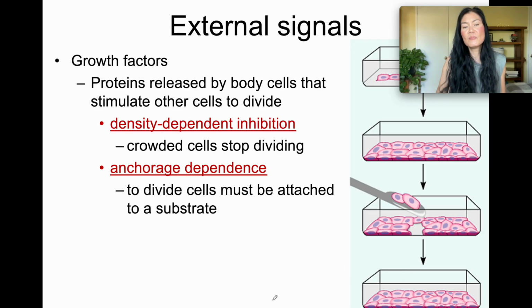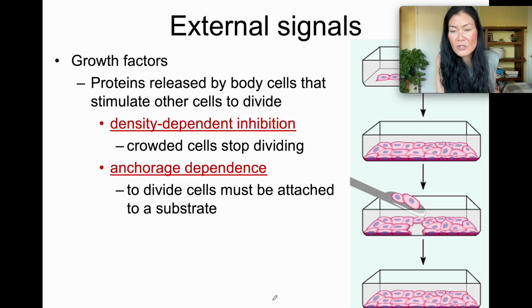And also, most cells need to be attached to a substrate. They need to be attached to other cells or other types of tissues in order to divide. That's called anchorage dependence.